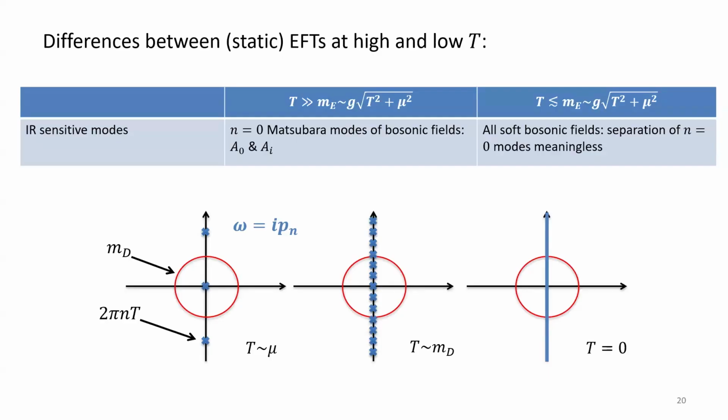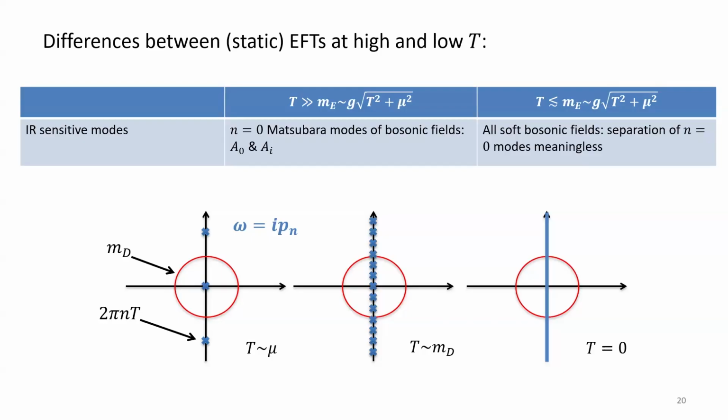So at high temperatures, we have these individual Matsubara modes, and then this red circle here denotes the Debye mass scale, which says that whenever the frequency omega is inside this red circle, it needs some kind of a resummation treatment.